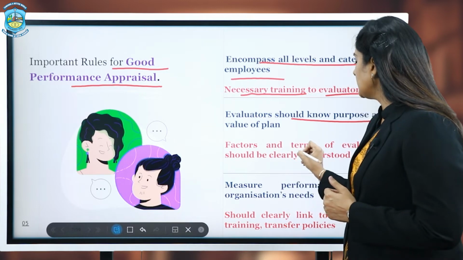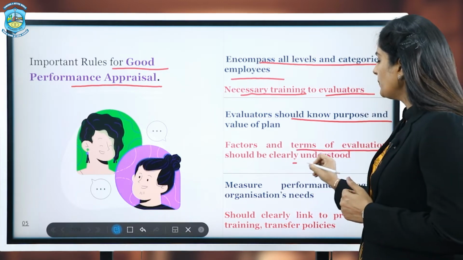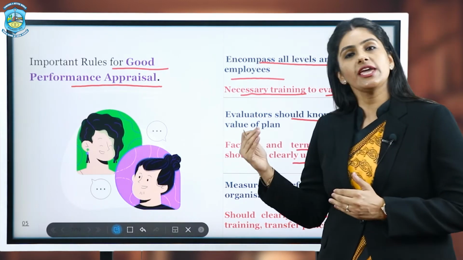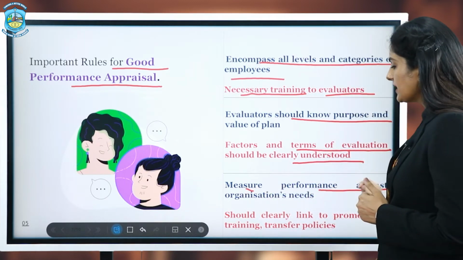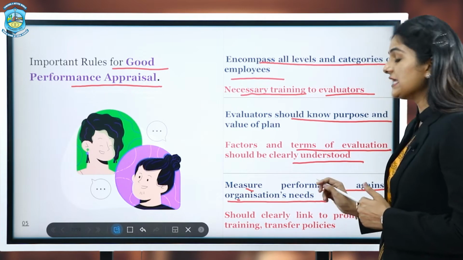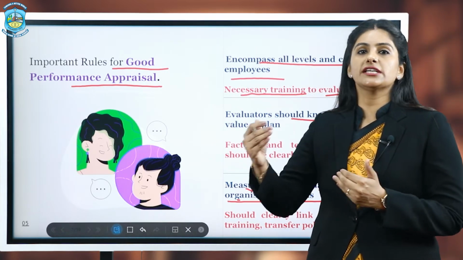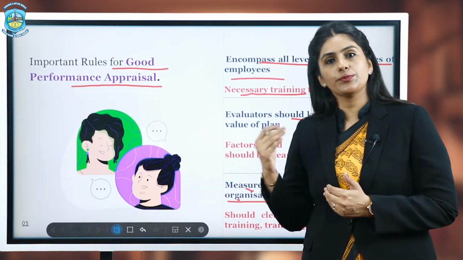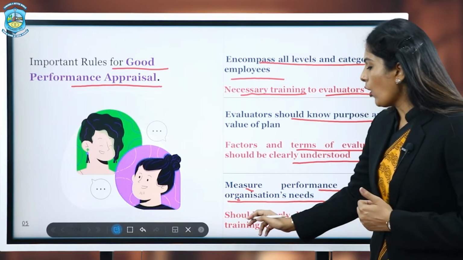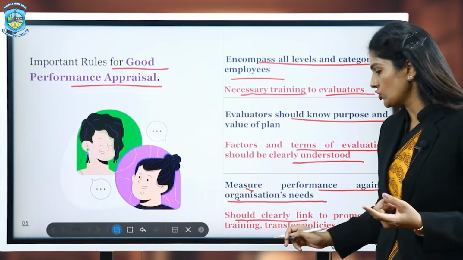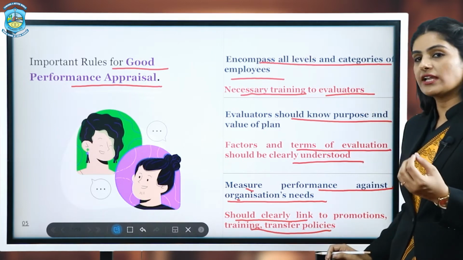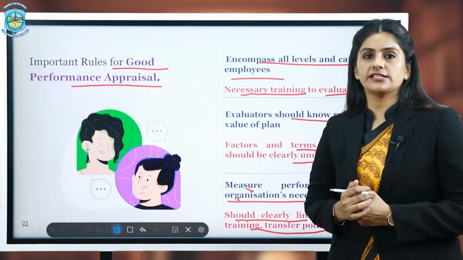The factors and the terms of evaluation should be clearly understood by the evaluators. They should measure performance against the organization's needs, and personal ratings or personal bias has to be avoided. All these appraisals should be clearly linked to the promotion, training and transfer policies of the organization.